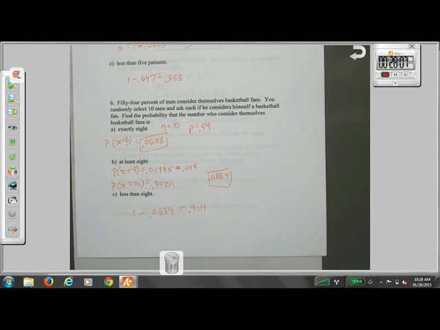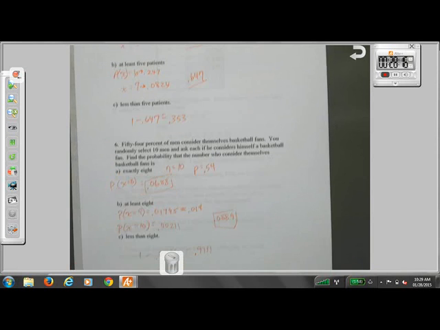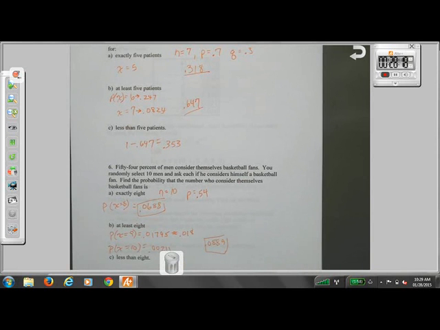All right, so if you check out some of the problems in your book today, a couple of places they ask that you use a table that's in the back of the book. You don't have to do that. I want you practicing on the calculator. Okay, so if it says use a table, don't worry about it. Use the calculator.